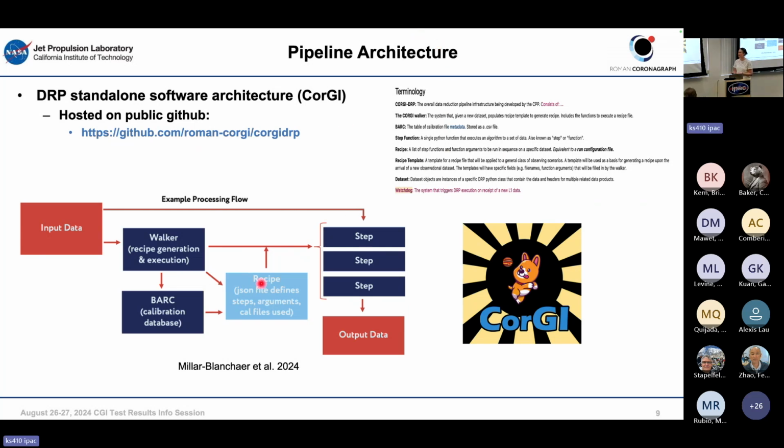It will take the input data, and a worker will generate a recipe and execute this recipe. Based on the kind of input data, we will have as many recipes as we have different input data. And this worker will execute the steps that are needed to complete the reduction and produce the output data.